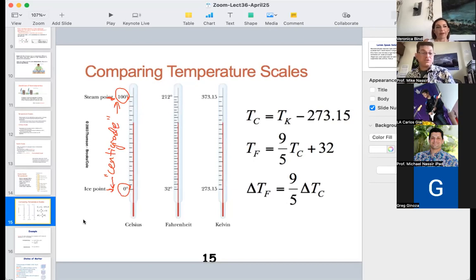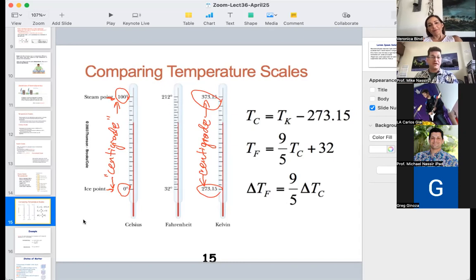Kelvin is also a centigrade scale, although when you hear people speak in everyday language, when they say centigrade, they often mean it as a synonym for Celsius. So they'll say, what's the temperature centigrade outside? But really, centigrade just means there's 100 degrees between the freezing and the boiling point of water.